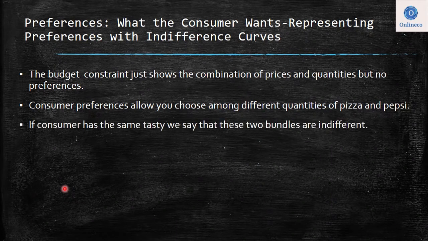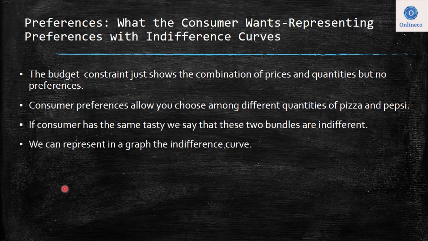So if the consumer has the same taste, we say that these two bundles are indifferent. When we compare two bundles of different quantities of these two goods, and you say, okay, which one do you prefer, this one or the other one? And you say it doesn't matter. Both are okay for me. So automatically it means that the consumer is indifferent to these two bundles.